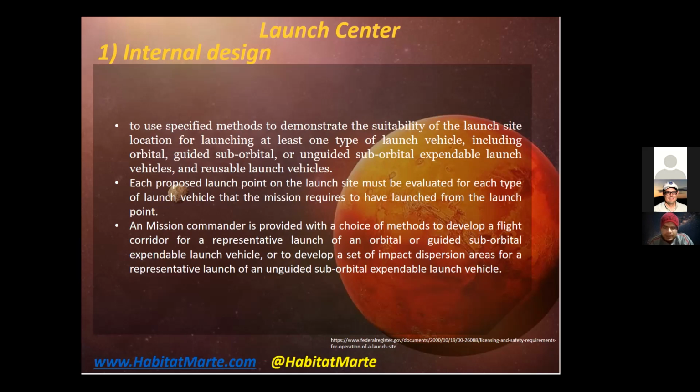So, when we are going to set up our habitat Marte on a Martian environment, we have to keep in mind the launch point, and what are the fruitful launch points for us, so that we can set a satellite or our rocket in suborbital, orbital, or reusable launch vehicles, from where we can launch all these vehicles at a particular point.